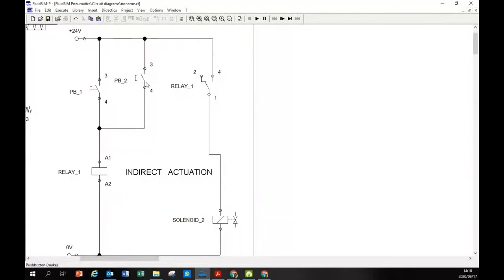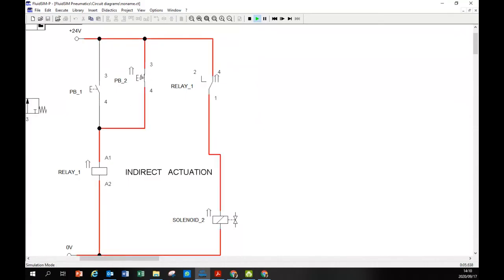It goes that side, and also here it's open, it can't flow. But look at where they join. They join in one point. So if you close this side, it is able to flow. If you close that side, it is able to flow. So this joint here makes the difference.